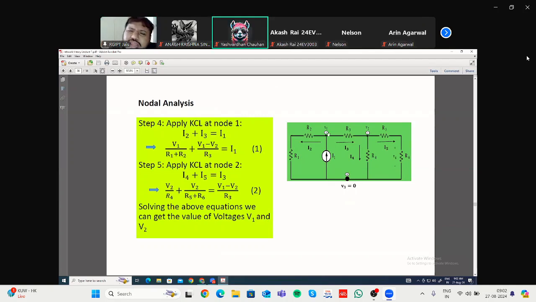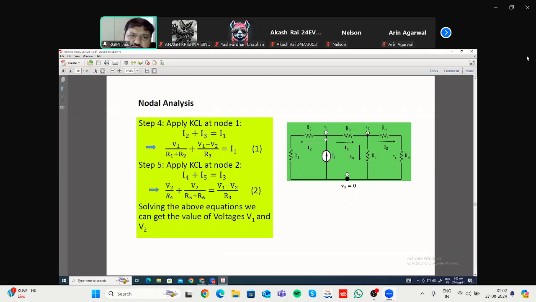So if you can simplify the circuit, since just by the series connection of two resistors, you can add them and consider it as R1 and R2. In that case, you can avoid these extra nodes, considering the extra nodes for writing the equation.